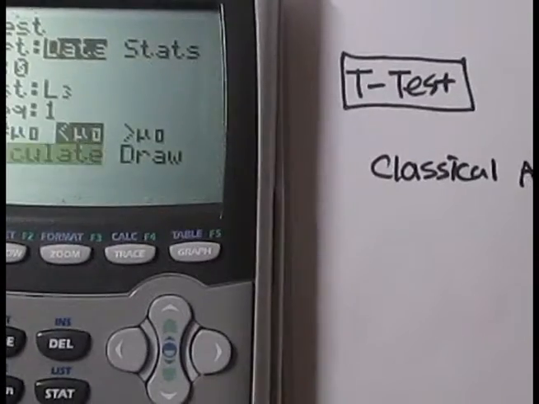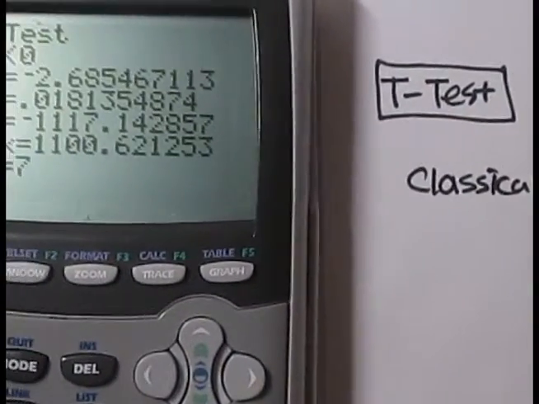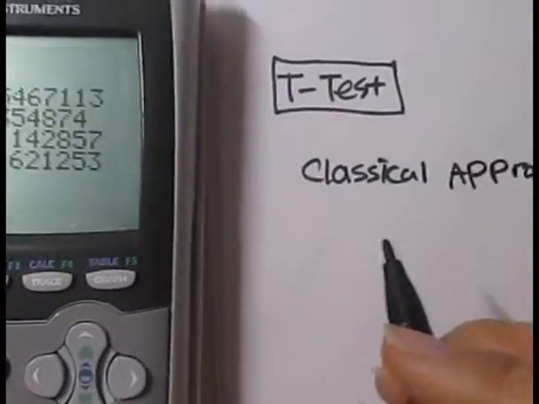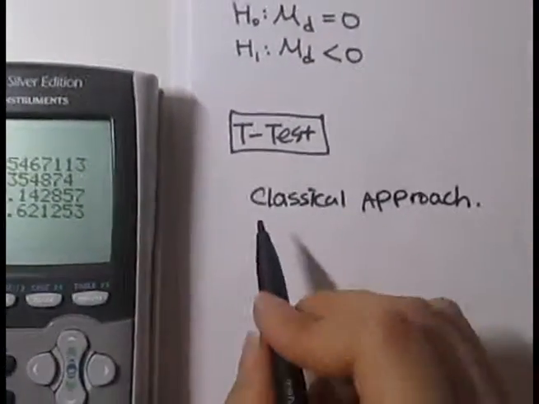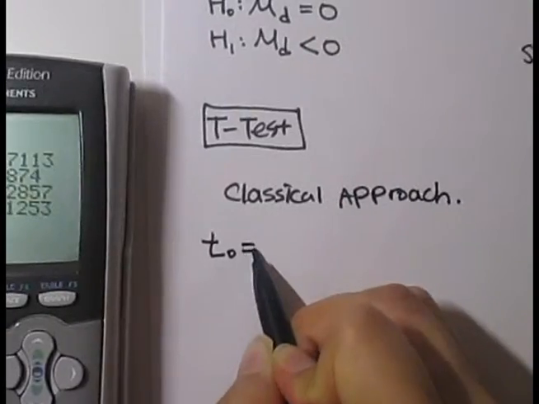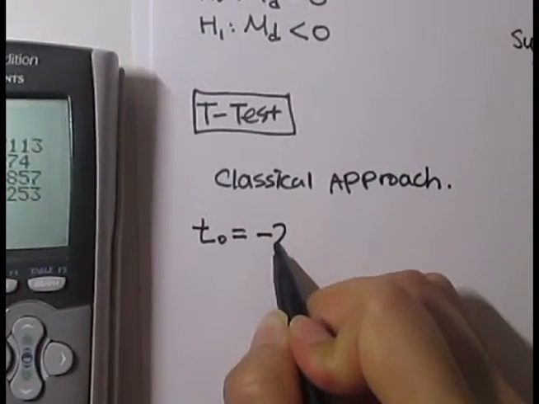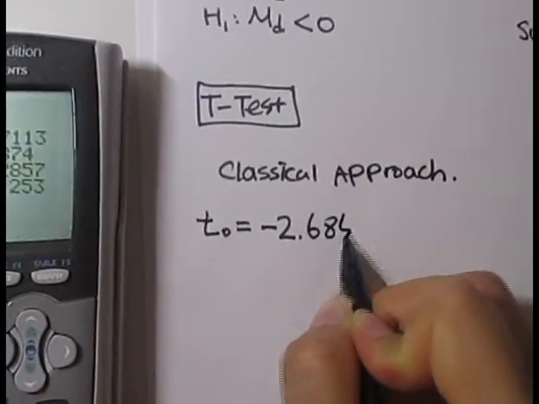And hit calculate. So the resulting test statistic is minus 2.685.